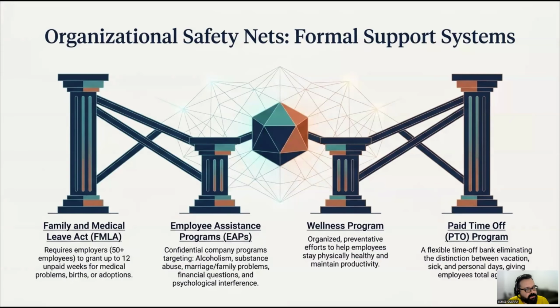Okay, so some systems that exist today to support employees, right? We have FMLA, which grants 12 unpaid weeks for medical problems, birth or adoptions, what have you. This requires by law that employees can come back to their job, right?